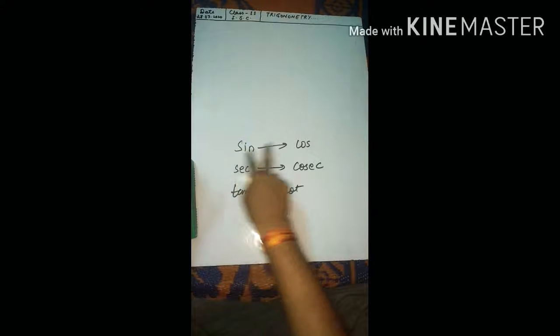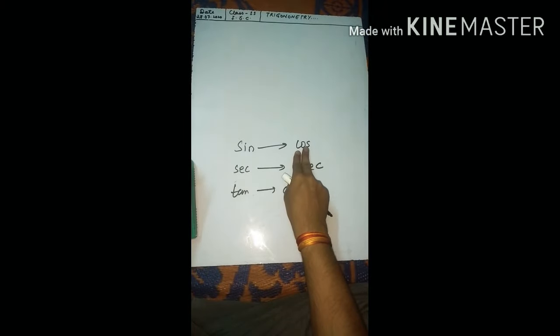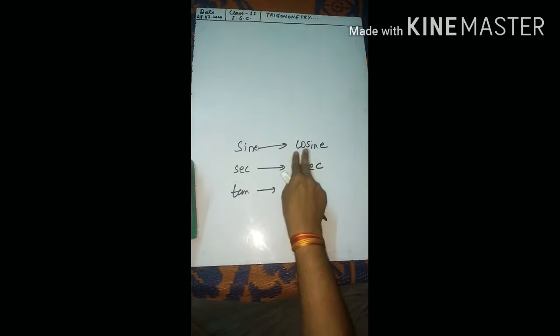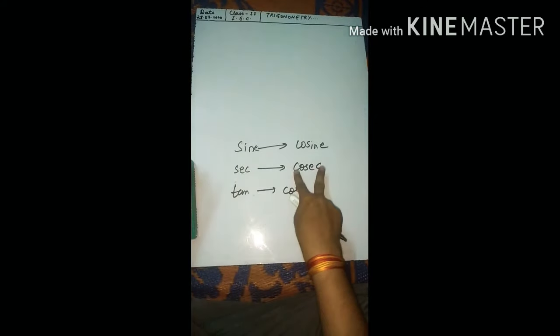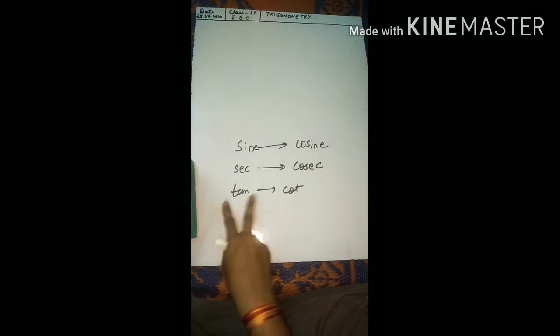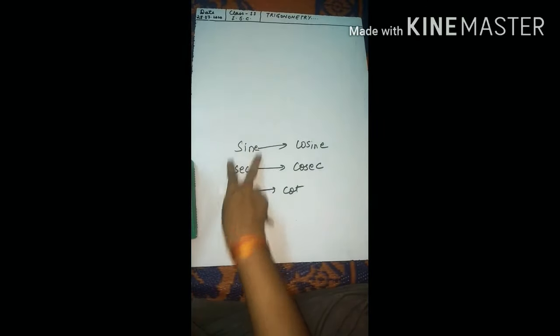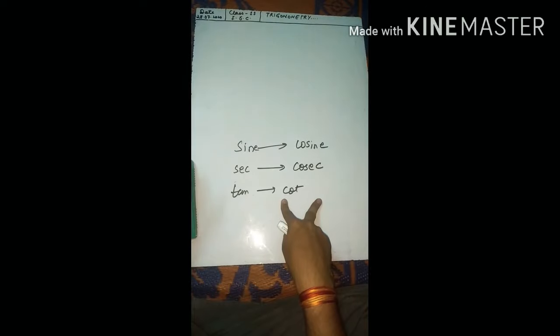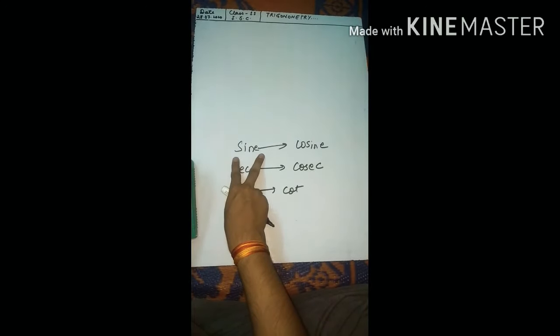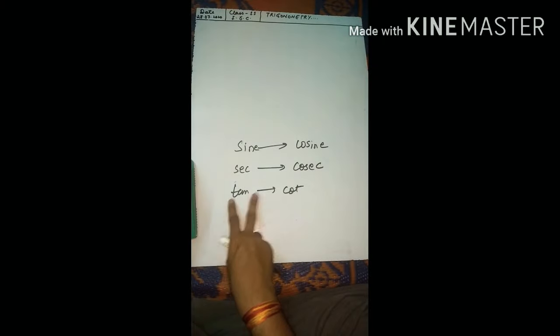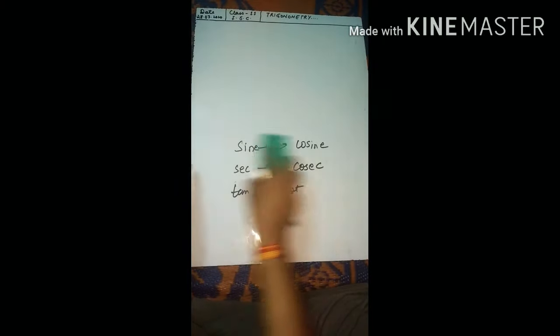Actually, sine is what? Cosine. So 'co' is used in place of sine. See, sine, cosine, secant, cosecant, tangent, cotangent. So sine is the function and cosine is the co-function. So always remember, sine converts into cosine, sec converts into cosec, and tangent converts into cotangent.